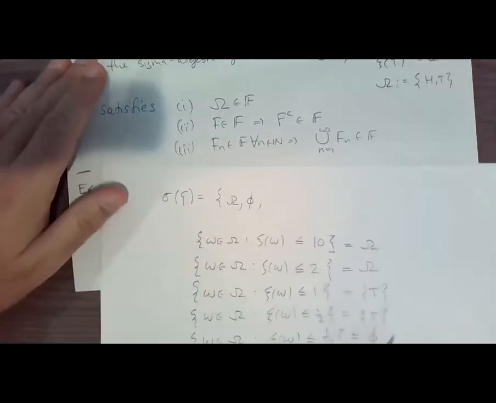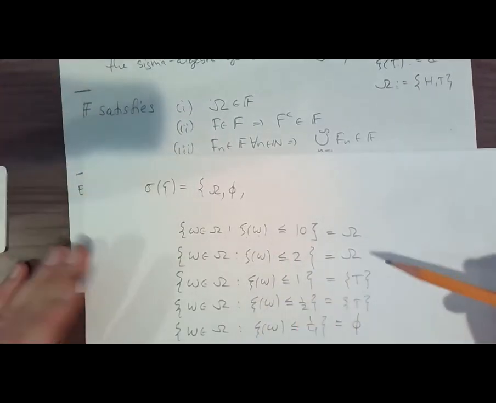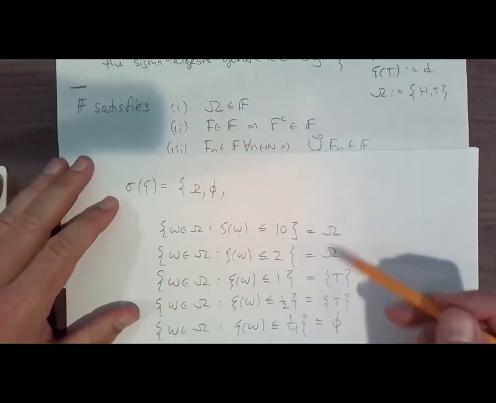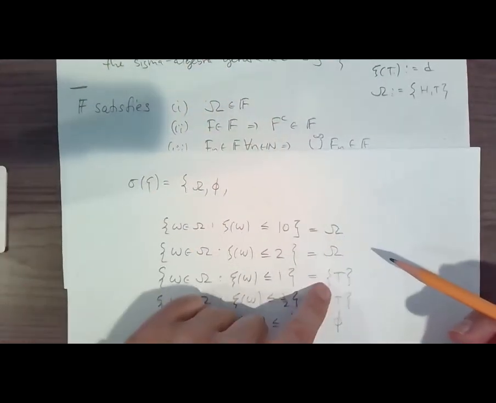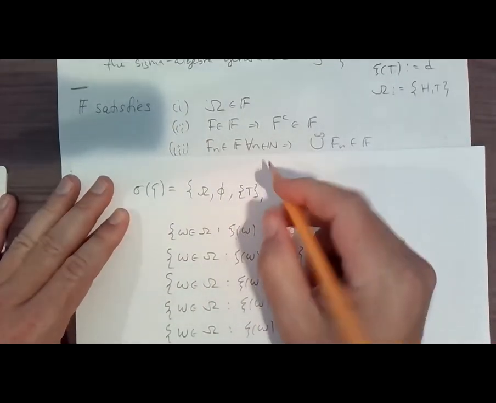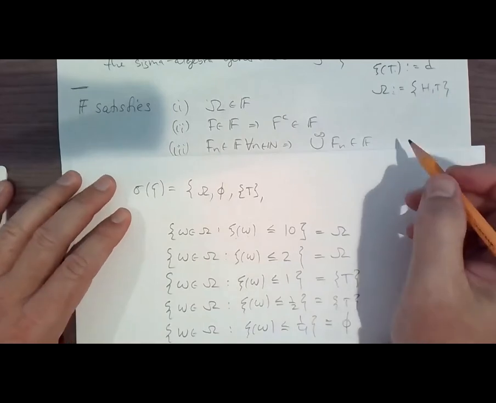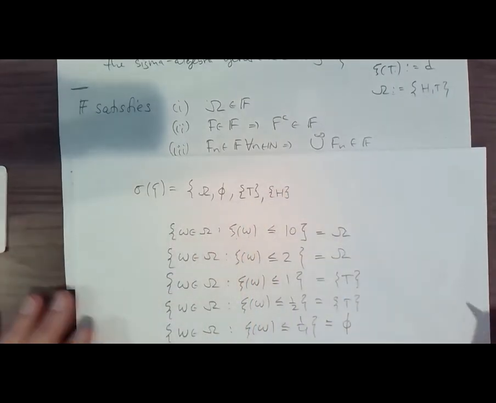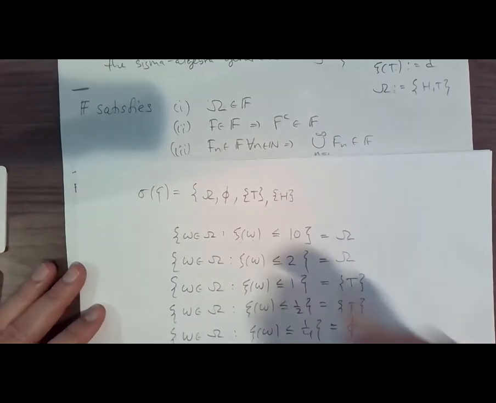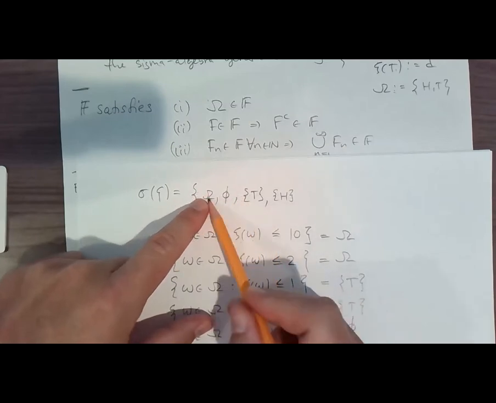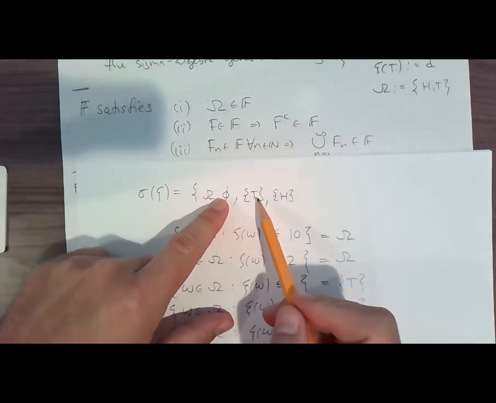So what I need to do to be a sigma algebra is to be stable on the complements. So I have my omega, the complement is in there, then I have a t. I need the complement in there. The complement of t is going to be h. And then I need to make sure that I'm also stable on the unions. So if I take the union of these two, I'm going to get omega. I take the union of these two, I get t.